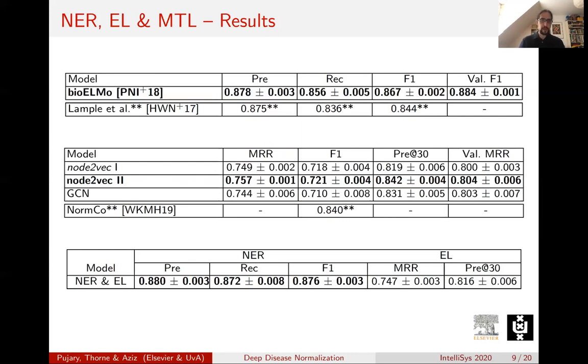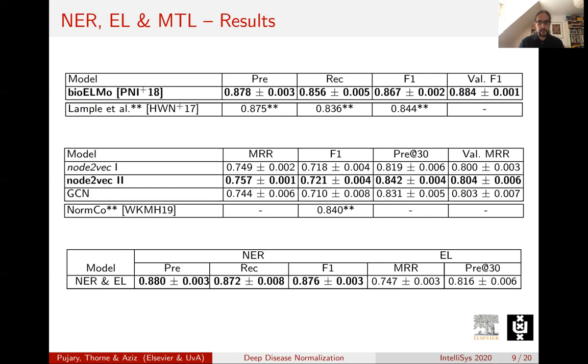Our results for entity linking were a bit more mitigated. We were able to identify node2vec lexicalized as the best model, the model achieving the best performance in all the performance metrics.